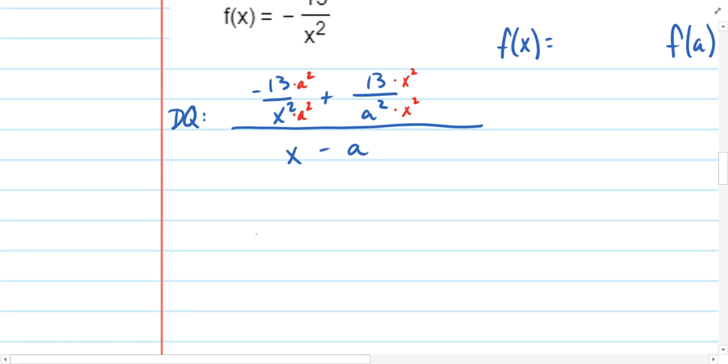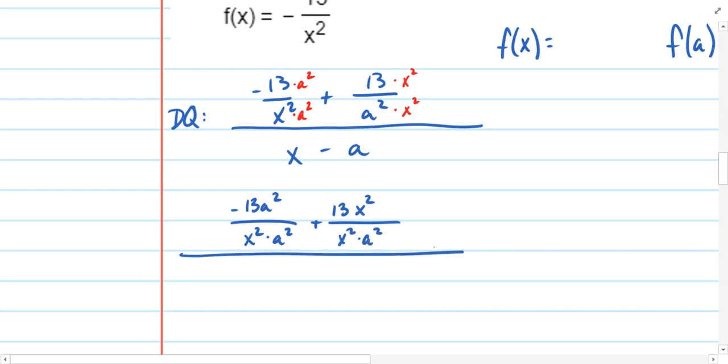So in this numerator, we now have negative 13a squared over x squared times a squared plus 13x squared over, I'm just going to write this in the same order as the other one, x squared times a squared, and all of that is written as a fraction over x minus a.